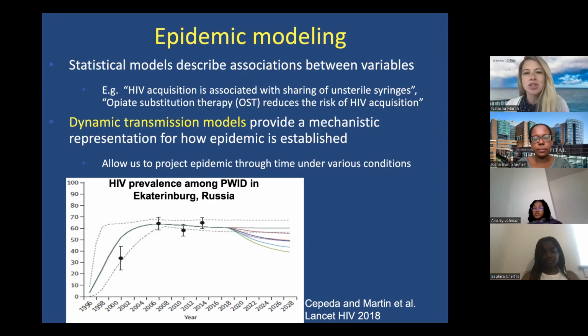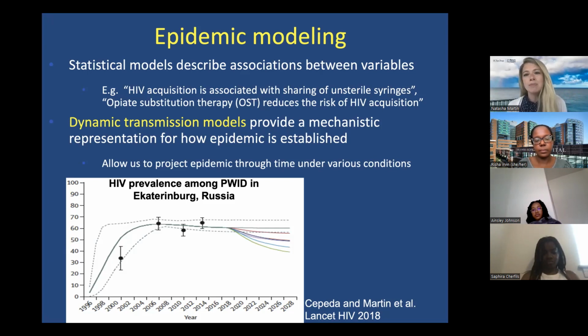Those are models that just describe associations between variables. So anyone here that's done a regression analysis where you're just trying to see is A associated with B, that would be a statistical model, and it might be something like, well, we wanted to investigate whether HIV acquisition is associated with sharing of unsterile syringes, right?